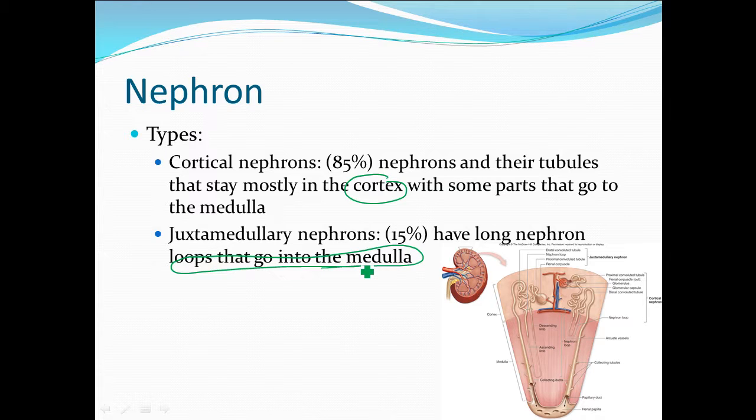So when you take a look at this figure over here, you have this nephron here, and you have this nephron here. Okay, so comparing the two here, what do you call this nephron over here, versus this nephron here?